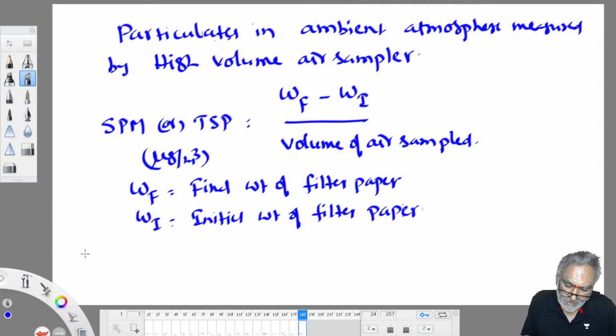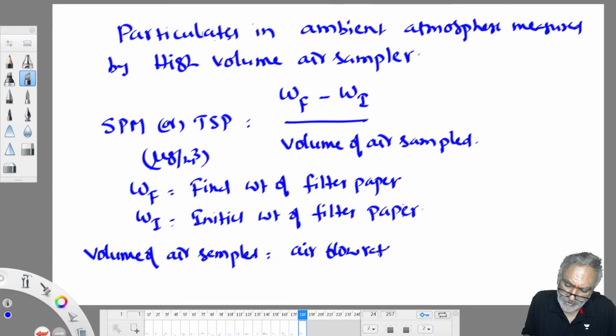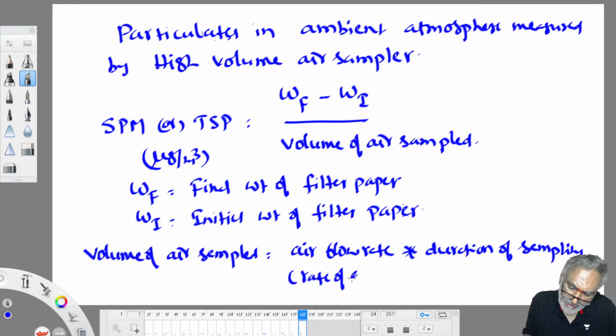So the volume of air sample is equal to the rate of sampling, which is the air flow rate through the high volume air sampler, nothing but the pumping rate of air. Air is pumped through the sampler, passing through the filter paper. That's called air flow rate, multiplied by the duration of sampling. People also call it rate of sampling or rate of pumping.